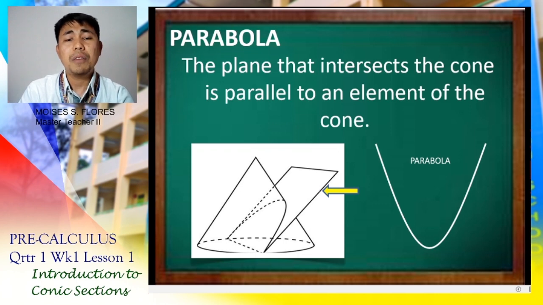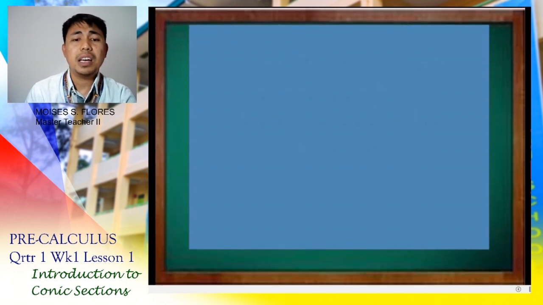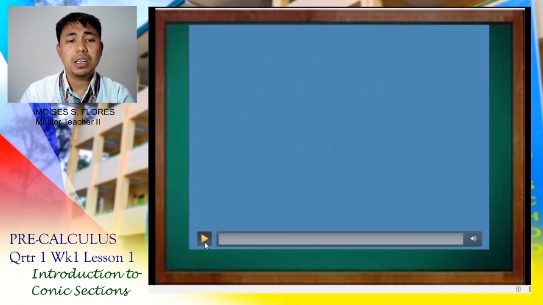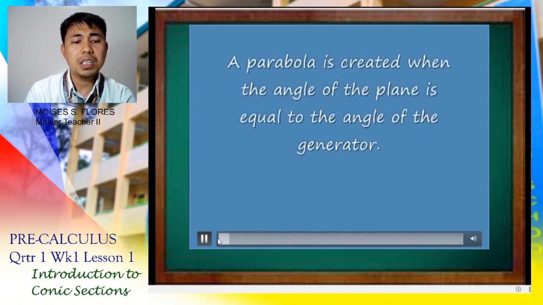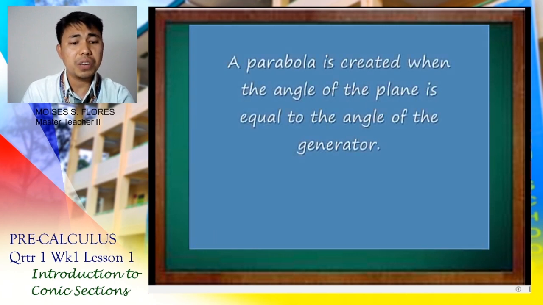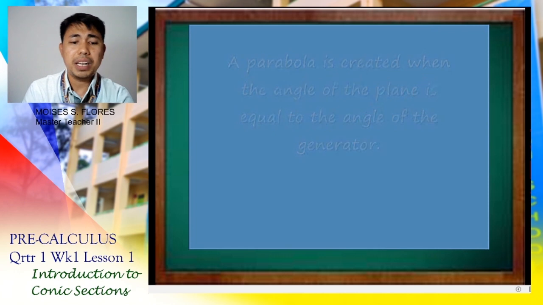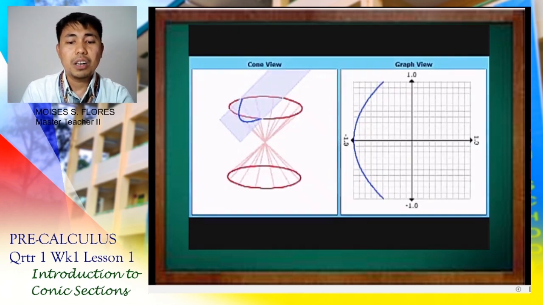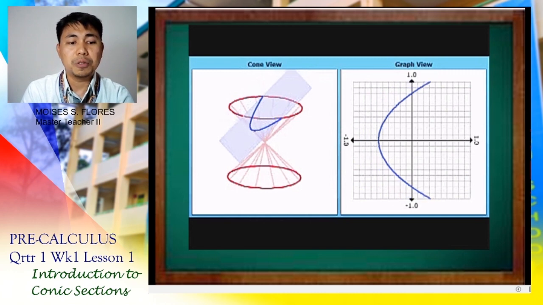To discuss this further, how does the parabola form? Let's watch this clip. With this clip, the parabola is created when the angle of the plane and the cone are equal. Observe once again the plane as it moves on the cone.